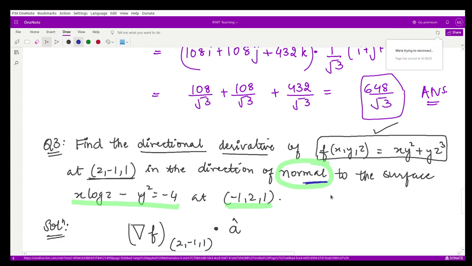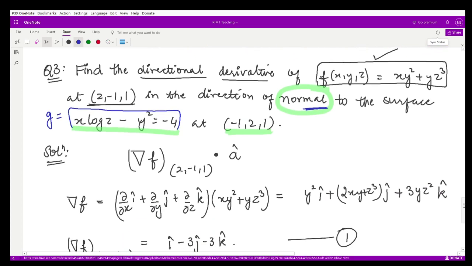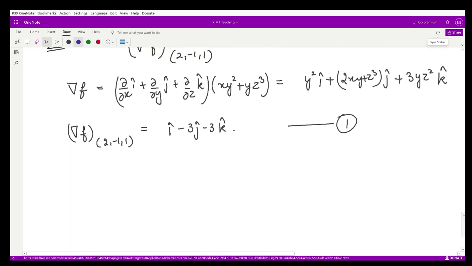So here we will calculate the corresponding gradient of this surface. Suppose let me call this surface G. So if you calculate the gradient of this surface, that will give you this direction, which is the required direction.